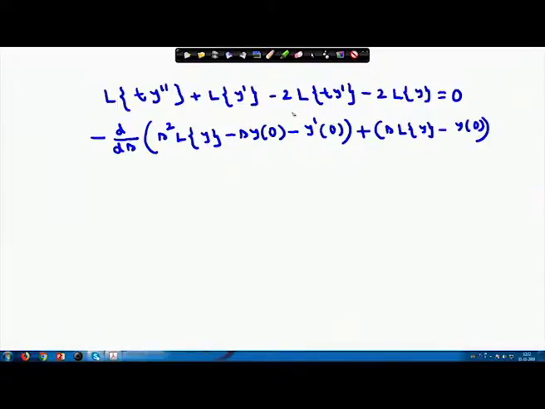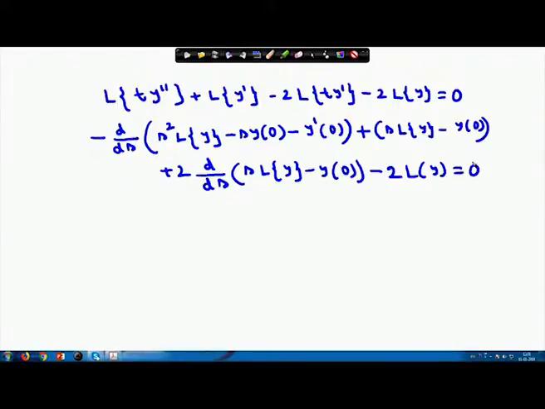Your next term is minus 2 into Laplace transform of t y dash. This Laplace transform of t into y dash is again minus d d s of this thing. So, it will be plus 2 into d d s of Laplace transform of y dash, that is s into Laplace transform of y minus y naught, plus the last term is minus 2 into Laplace transform of y, this is equals 0.